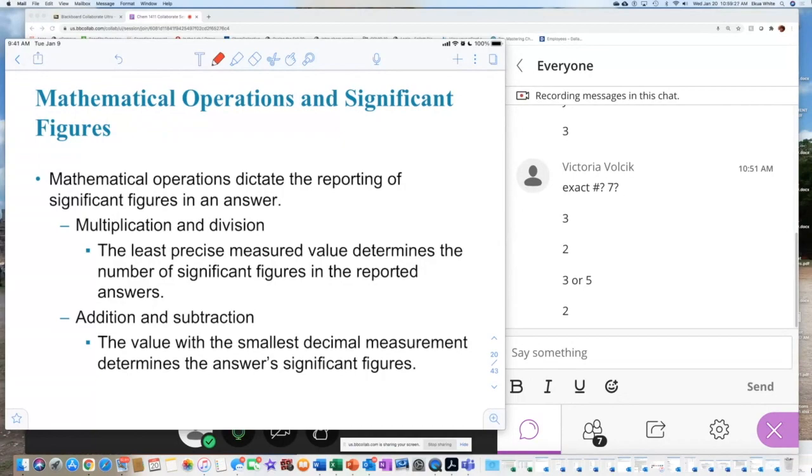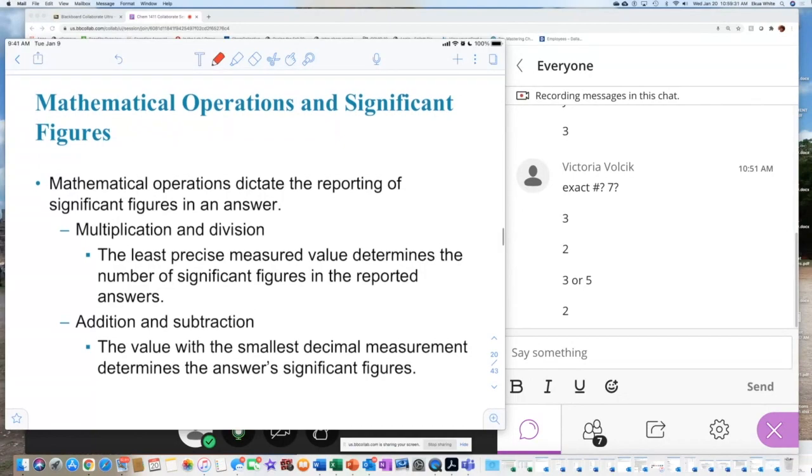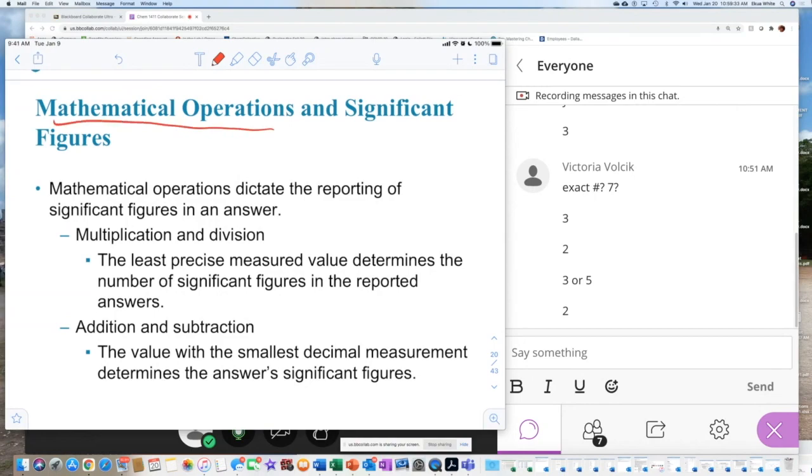When you're dealing with adding and subtracting versus multiplying and dividing, so mathematical operations here, remember, adding and subtracting goes together, multiplying and dividing goes together, okay? So we're told mathematical operations dictate the reporting of significant figures in the answer. So in other words, the operation drives what you do and how you count the significant figures.